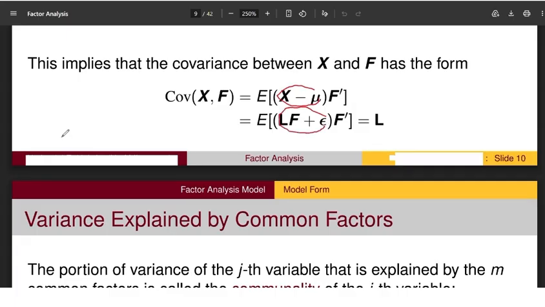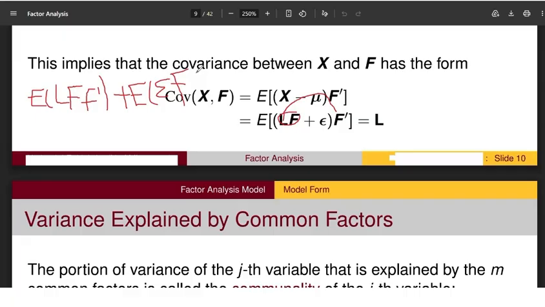Now if I plug that in and distribute, I'm going to have the expectation of LF F transpose, plus the expectation of E multiplied by F. Just pay attention.